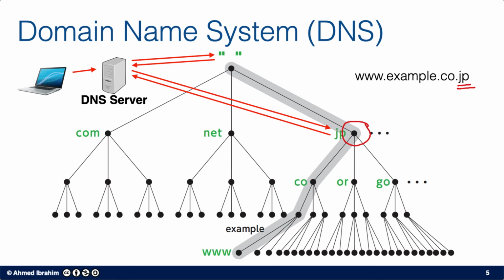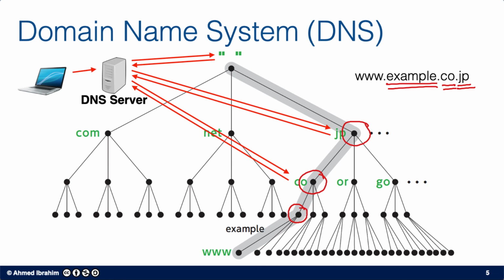JP says, I don't know, but I know where co is. So it sends the IP of co back to the DNS server and says, ask co. So the DNS server sends a message to co and says, where is www.example.co.jp? And co says, I don't know where it is, but I know where example is. And here's the IP address of example.